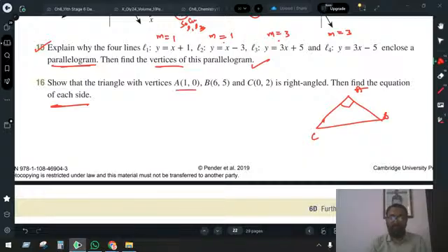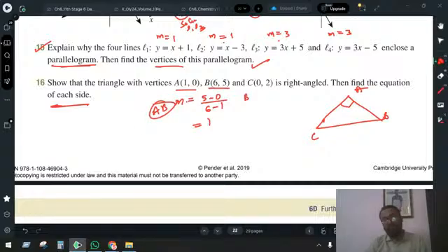So now A, B, what is the gradient here? 5 over 5, that is 1.